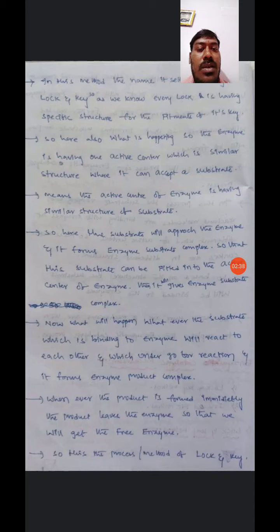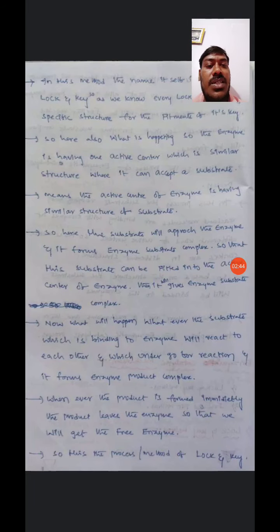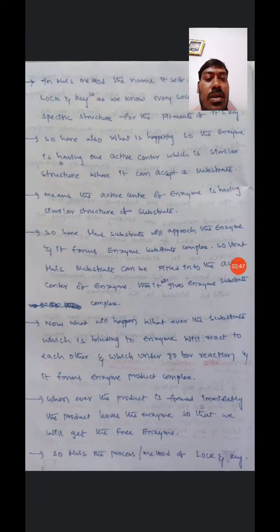So here also, the enzyme has one active center which has a similar structure so that it can accept a substrate. That means the active center of the enzyme has a structure similar to the substrate.